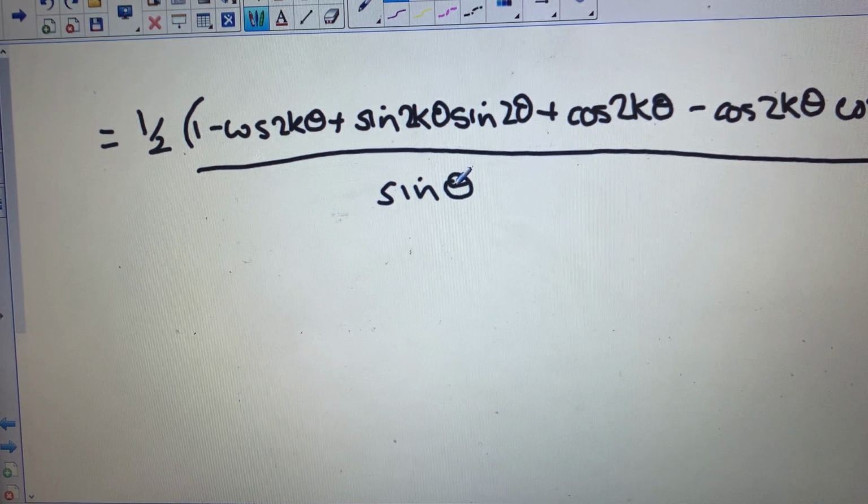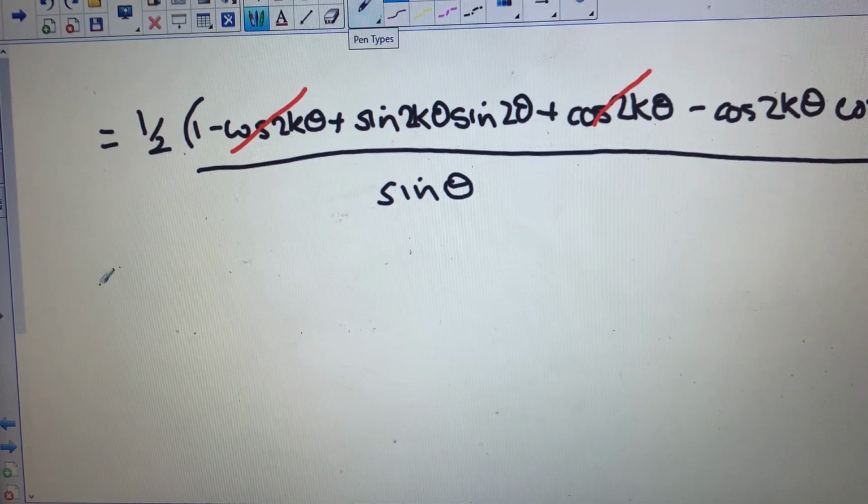Right, what have we got? I can see that that cancels with that, and we can now rewrite this. I've changed colour.